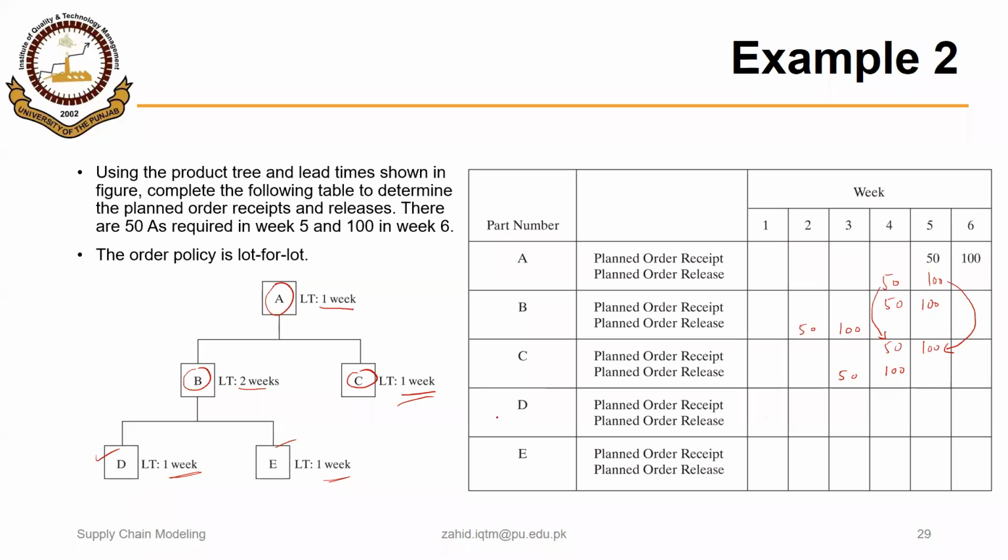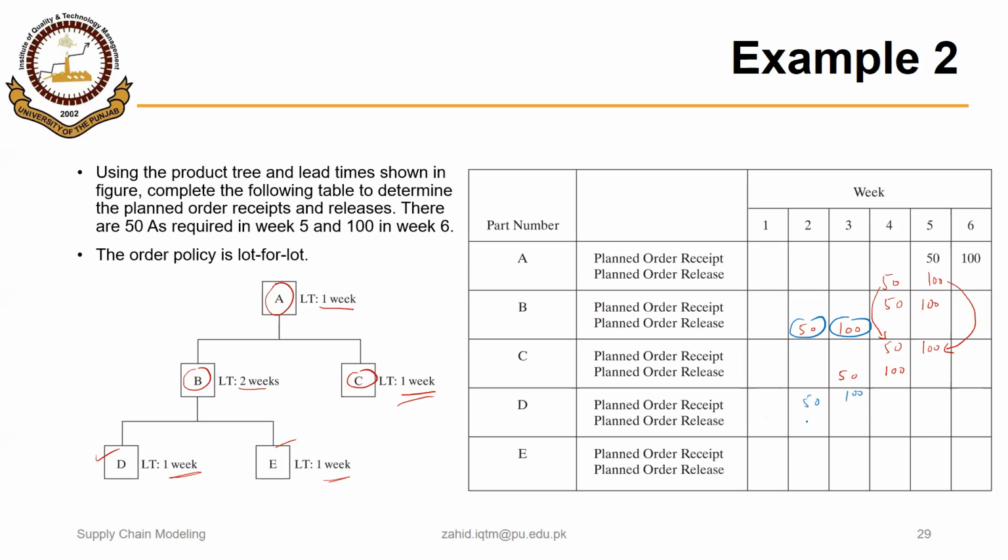Now D is a component of B, so its requirements will come from its parent, that is B. For D, we need this 150. So these are planned order receipts actually.